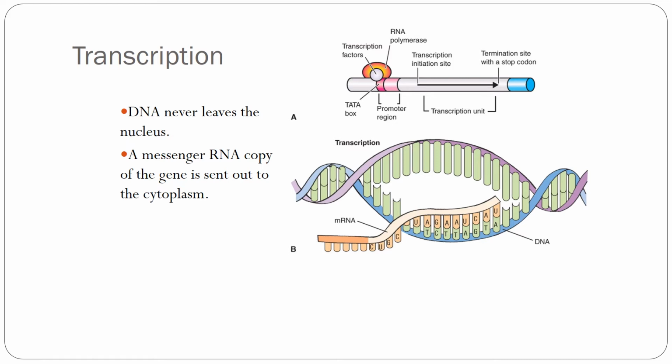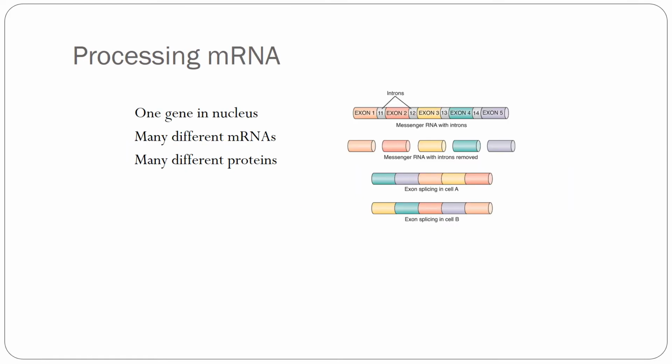However, before the messenger RNA moves into the cytoplasm, some changes have to occur. As you can see here, there are exons and introns. And introns, we could spend about 24 days discussing them.